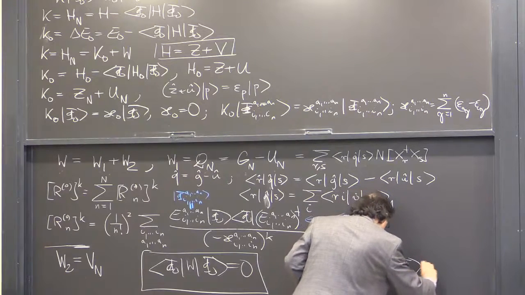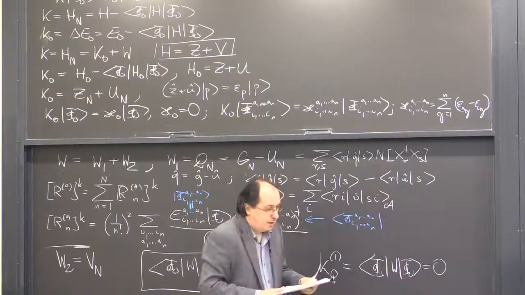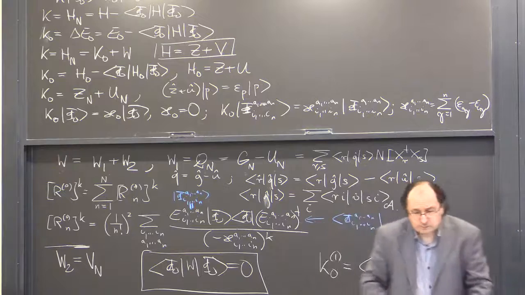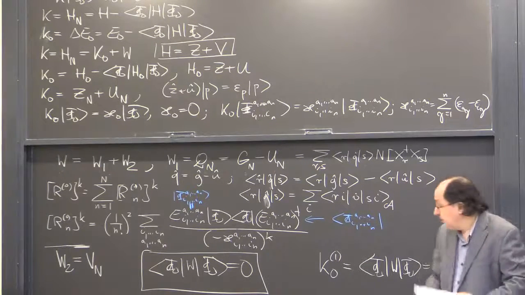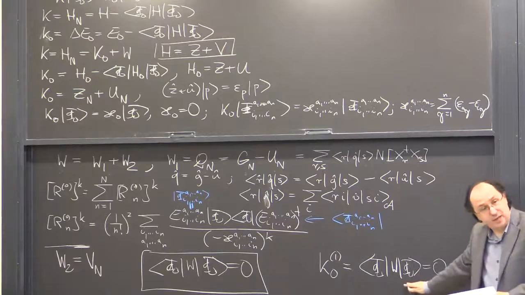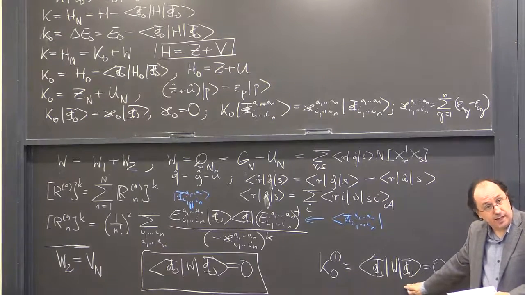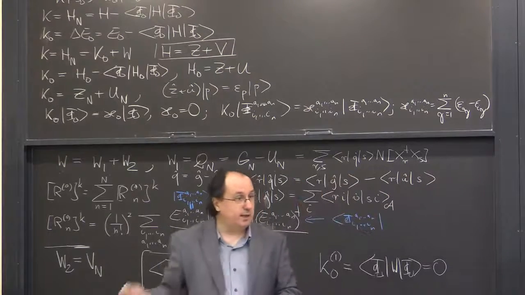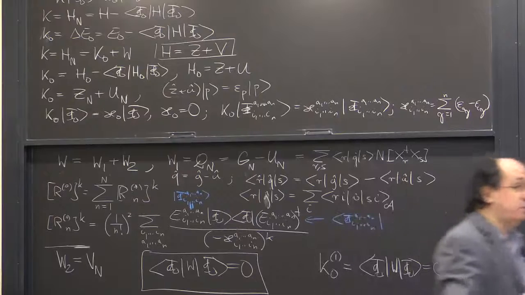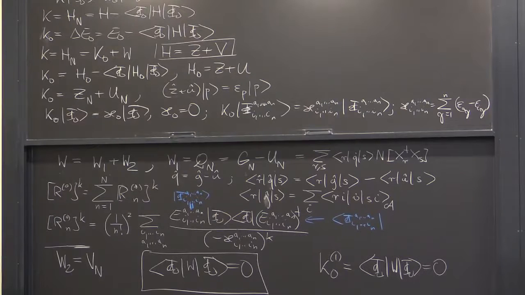But this means that there won't be any correction in the first order. I'll come back to this. That means that the first correction worth considering is second order. In other words, there's no MBPT1 really for the energy that you need to worry about.